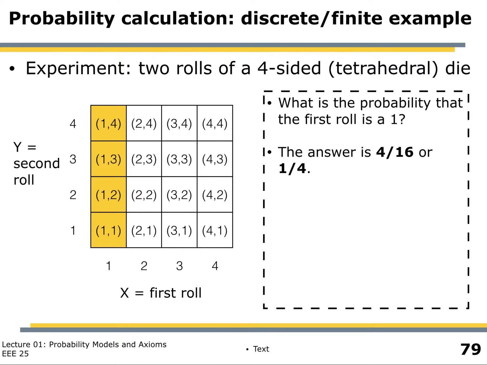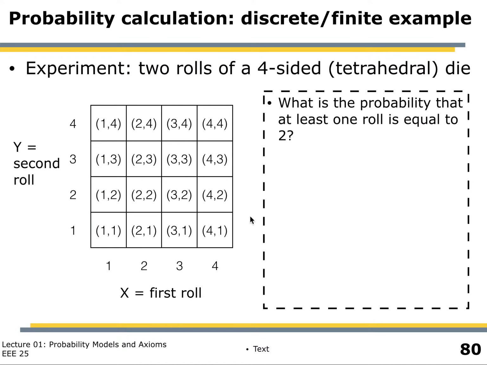We do the same thing for the next two questions. The second one is, what is the probability that at least one row is equivalent to 2? So looking at the sample space on the left, we see that 7 outcomes fit that description.